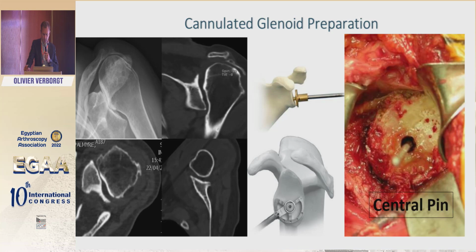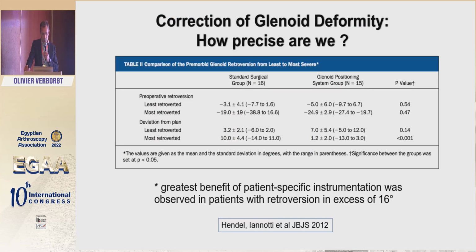The problem, however, is that most of us use cannulated systems, and that means that the placement and orientation of that very first central pin will further dictate the whole preparation of the glenoid and the implant position.